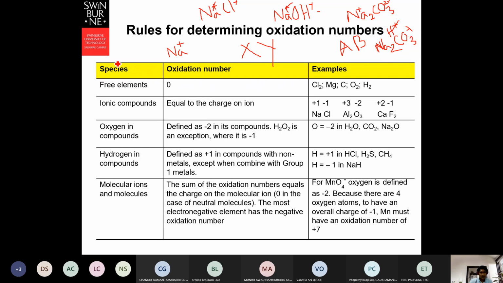We do not see any charge, no positive, no negative, nothing, just elements: sodium, chlorine, fluorine, iodine, helium, oxygen, nitrogen, all in their respective symbols. There is no positive or negative charge, right? So that is why I say the free element is not a radical, it's a free element. They should always have zero oxidation number.